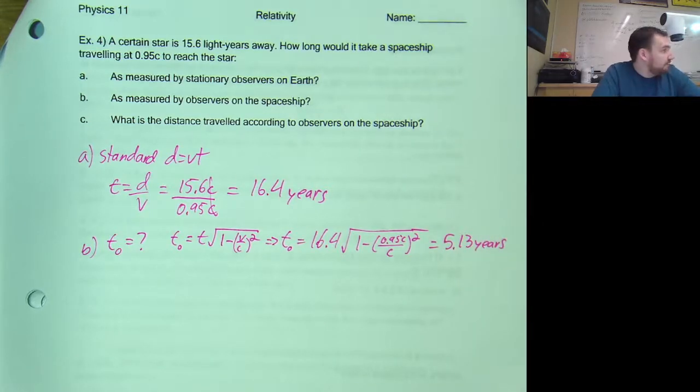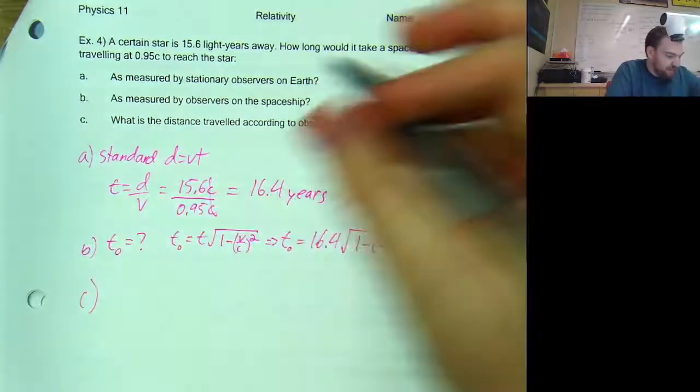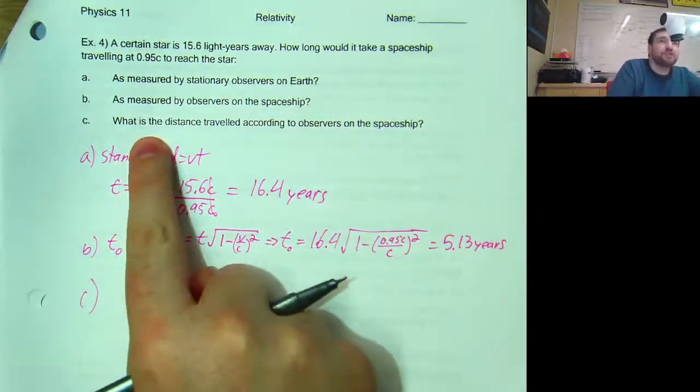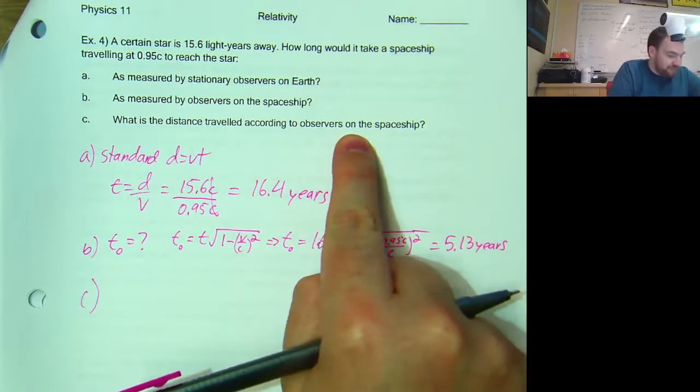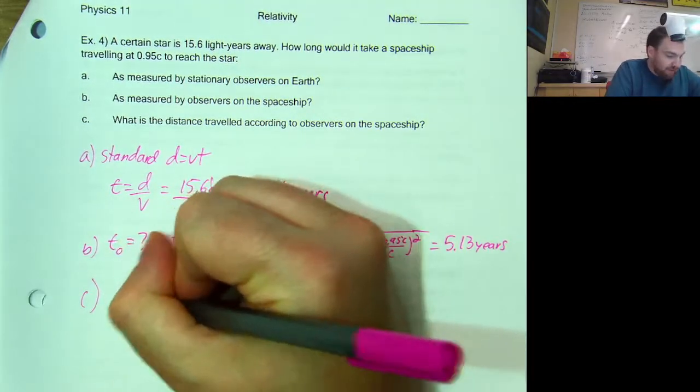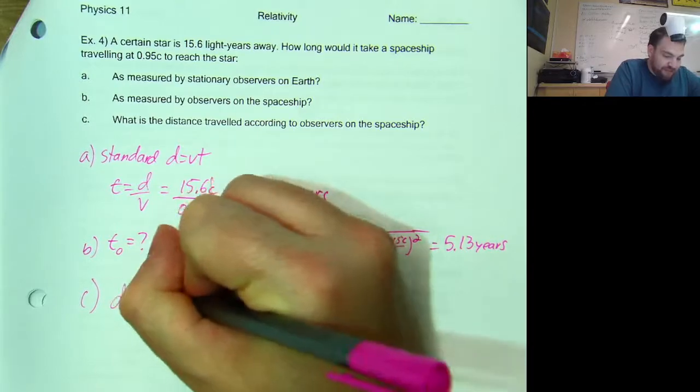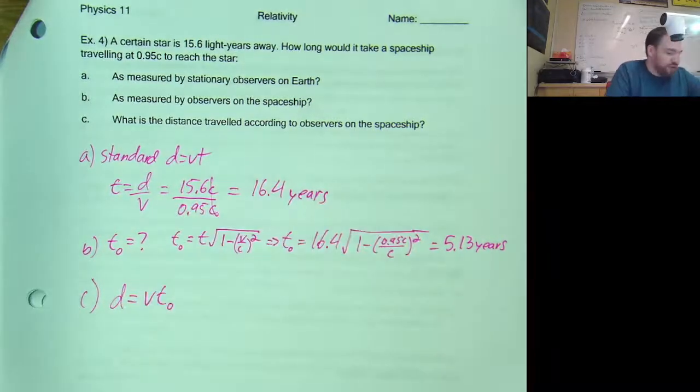Absolutely. So that's what they observe as far as their time is concerned. The one thing that remains consistent is they also see themselves as traveling at 0.95 c. So part C to this question is, what distance is traveled according to the observers on the spaceship? They see themselves traveling a distance of their velocity times the time that they measure.